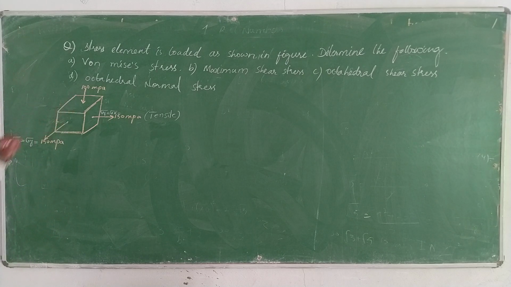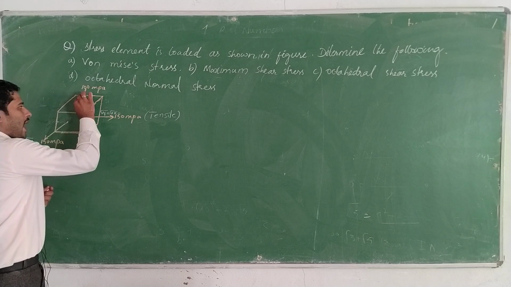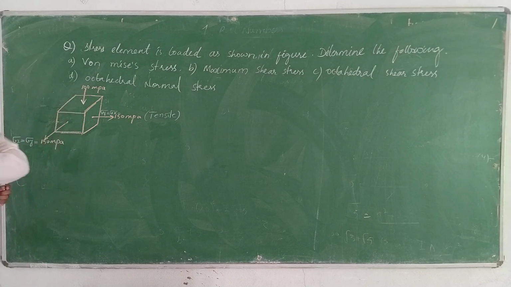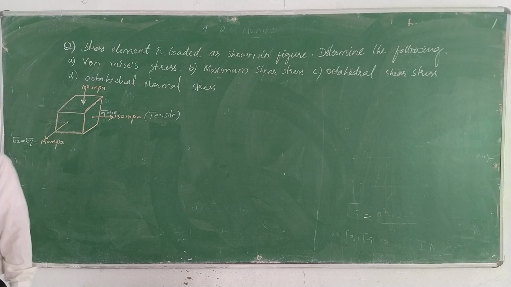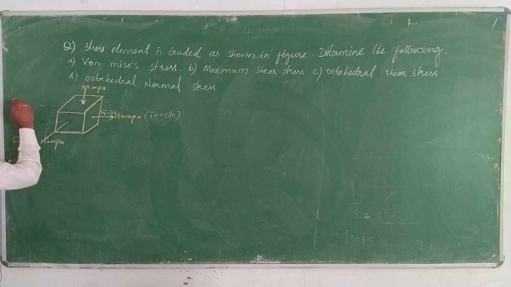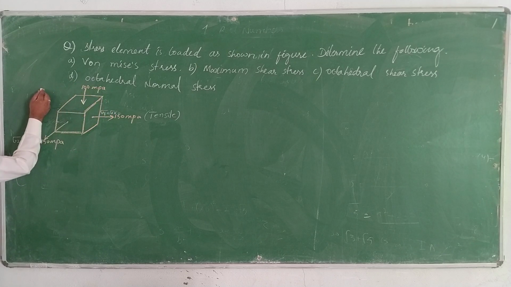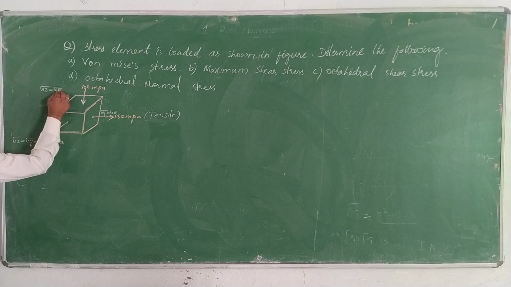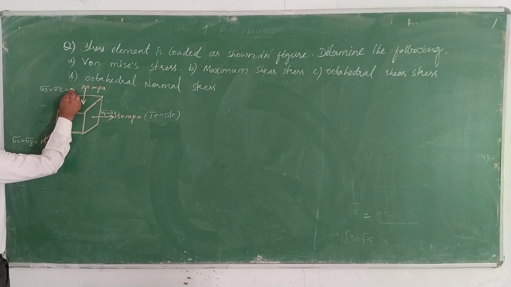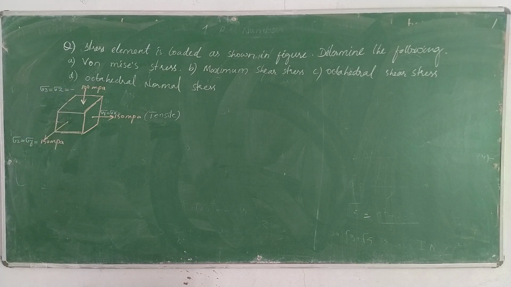Come to this point here: 100 megapascal acting in the downward direction, but how is this arrow? The arrow indicates that it is compressive in nature. If it is compressive, we have to represent it as minus 100 megapascal. So sigma 3 equals sigma z equals minus 100 megapascal.